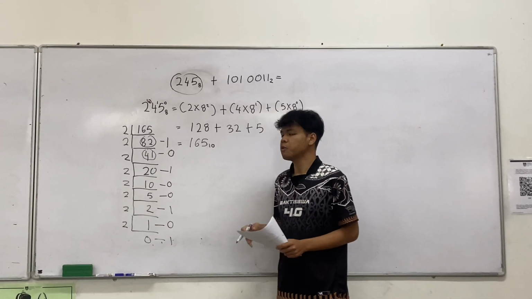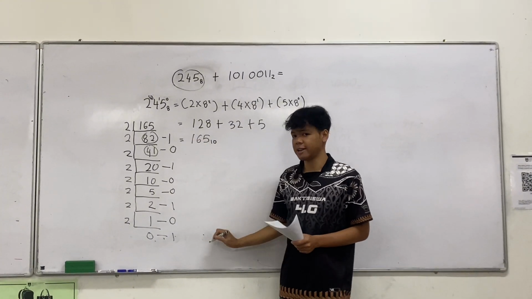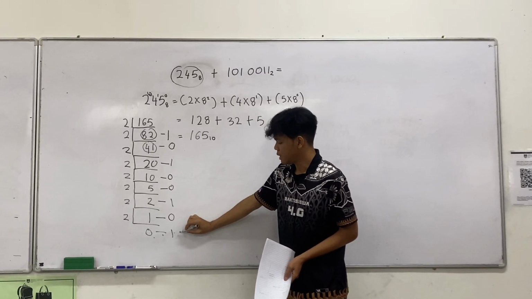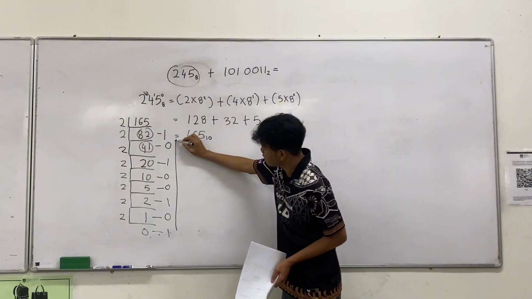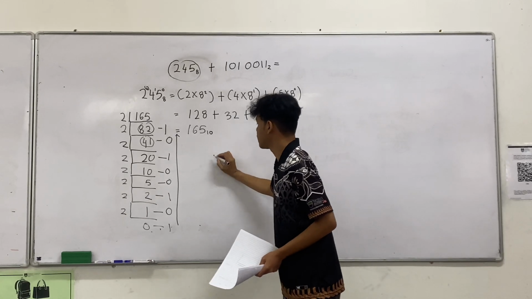So how do we read this as a binary number? We read from the bottom straight up to the top.